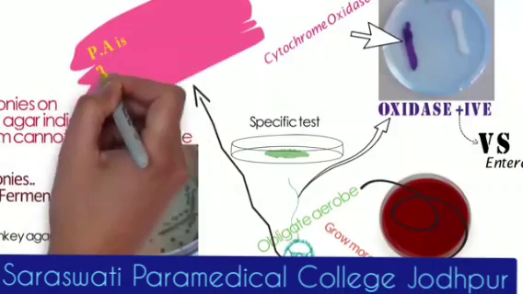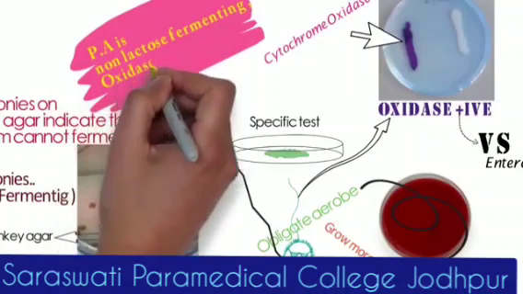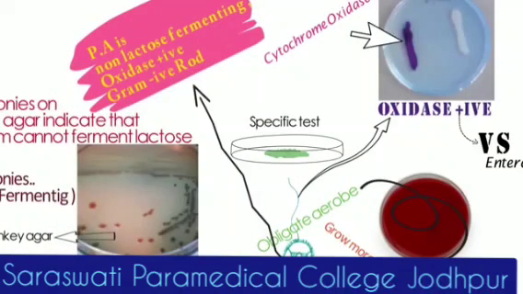So Pseudomonas is a non-lactose fermenting oxidase positive gram-negative rod. Please appreciate, Pseudomonas is a non-lactose fermenting oxidase positive gram-negative rod.